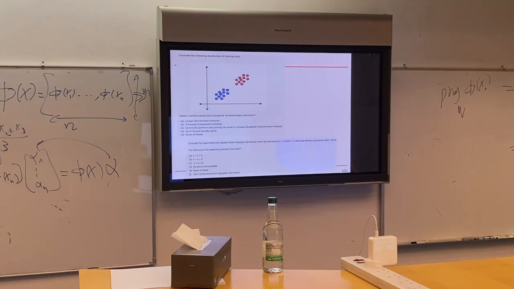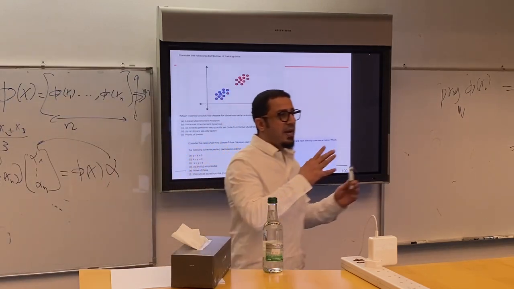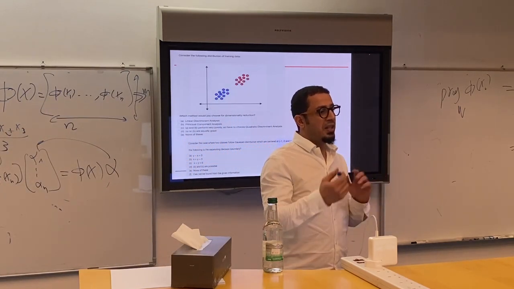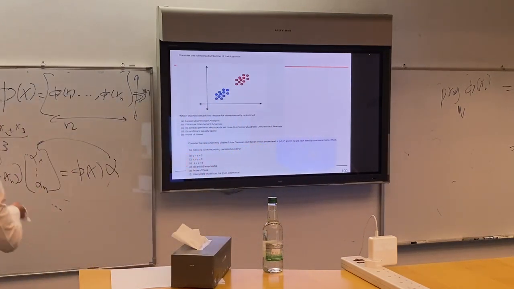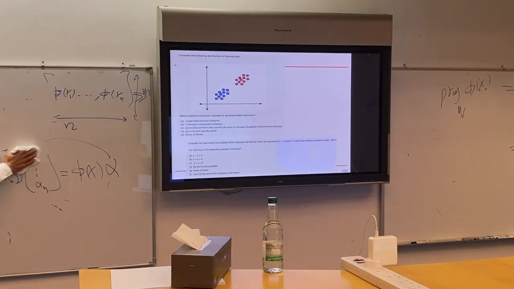I need this one, right? Anything bigger than this or less than this. So in this specific example, if you have -1, 2 and 1, 4, which line is the decision boundary? So those are examples for the assessment.